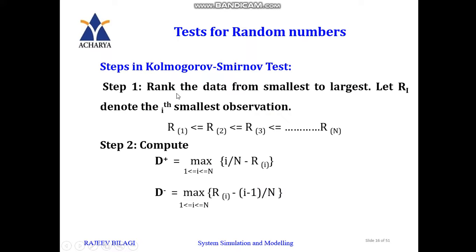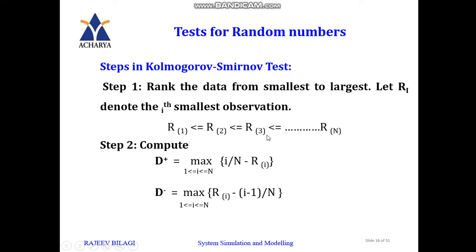Coming to the first one, there are different steps to use the KS test. First, rank the data from smallest to largest. That is, whatever given set of random numbers there are, you arrange from lowest to highest, R1 being the first random number, R2 being the second, and so on.